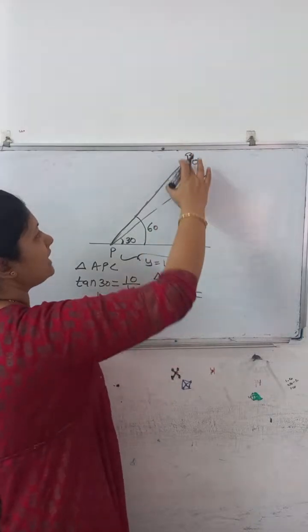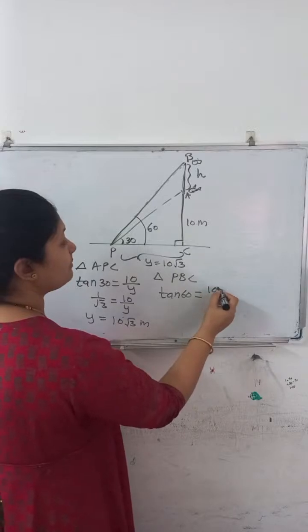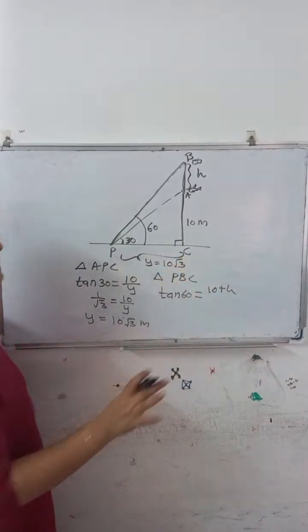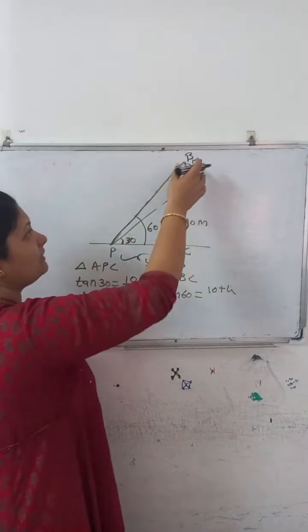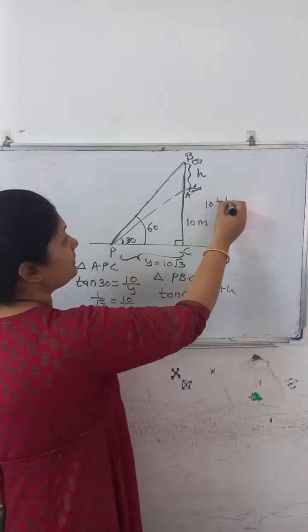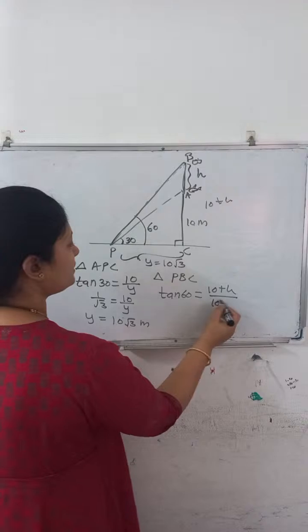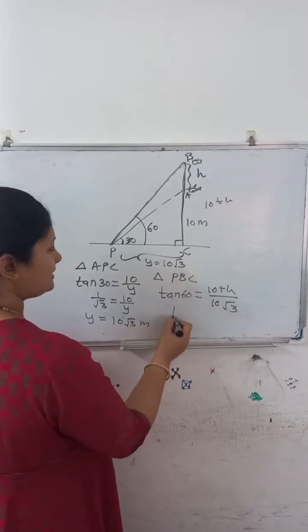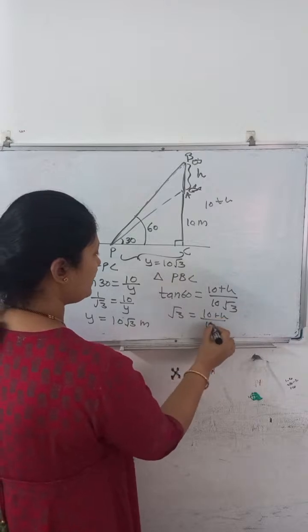Tan 60 is opposite, and opposite means this entire thing, that means 10 plus h. Don't take only h. It's the total height because we are taking this big triangle, and in this big triangle the total height from the ground is 10 plus h. So 10 plus h upon adjacent, which is 10 root 3. So tan 60, root 3, is equal to 10 plus h upon 10 root 3.